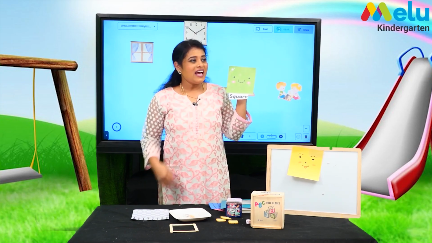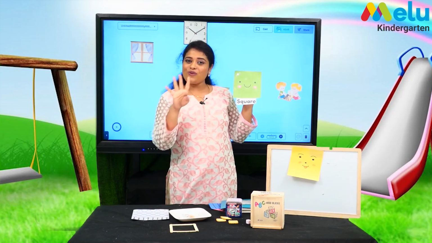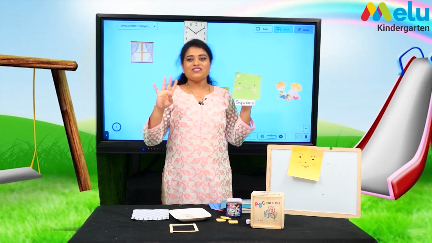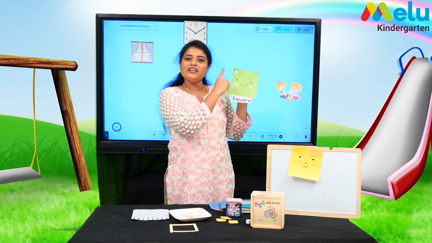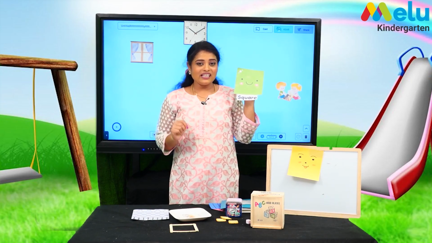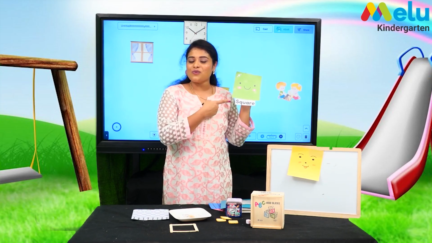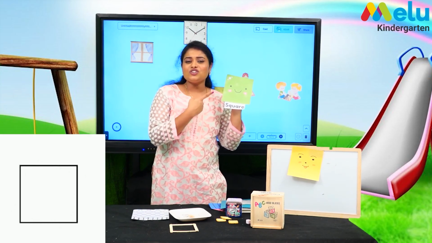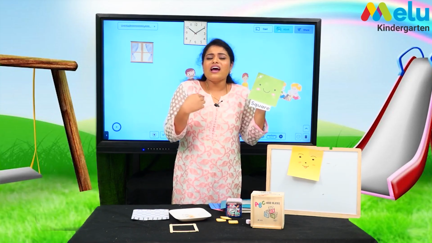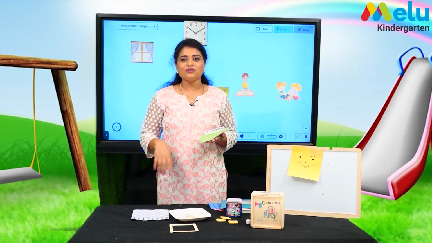Here we go. This shape has 4 same sides, 4 same sides, 4 same sides. This shape has 4 same sides. It has 4 corners too. This shape is called a square, called a square, called a square. This shape is called a square. I just want to tell you.